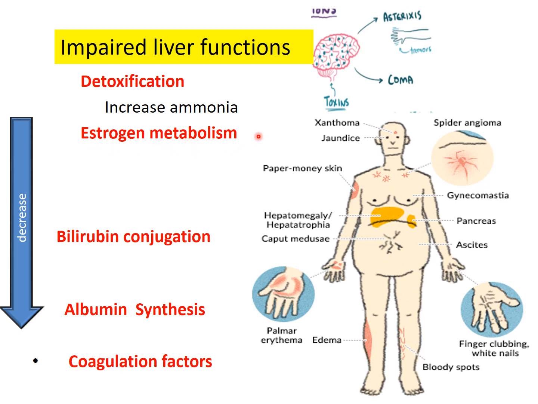Second is decrease in the estrogen metabolism. We know that the liver is involved in the conjugation and degradation of the estrogen also. So when this metabolism is decreased, excretion of estrogen is decreased, and the increased circulating amount of estrogen will result in gynecomastia, as we can see here in the figure.